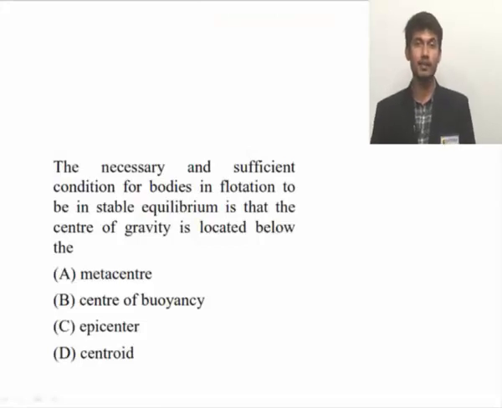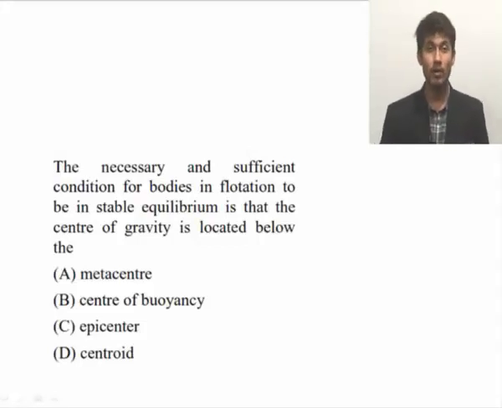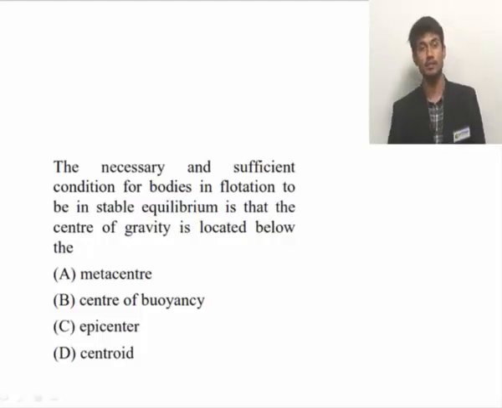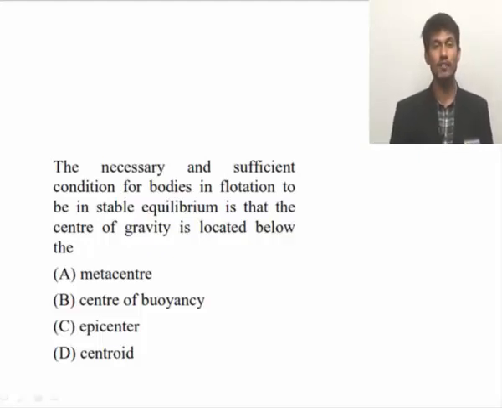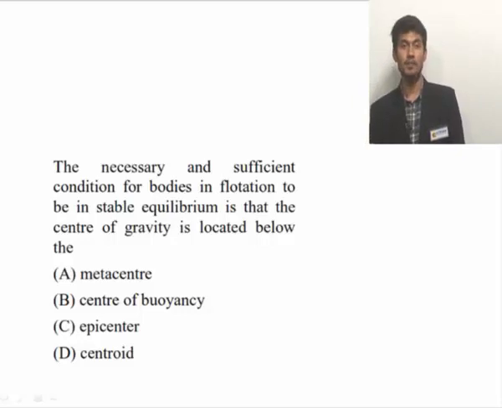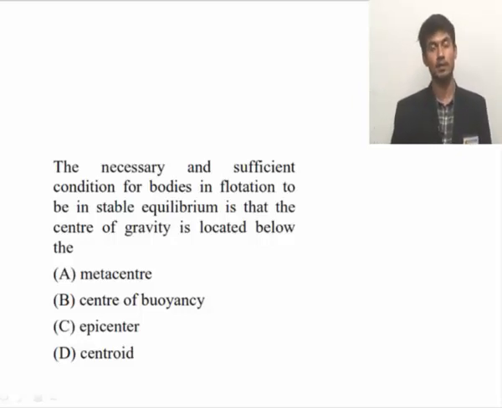The necessary and sufficient condition for bodies in flotation to be in stable equilibrium is that the center of gravity is located below: A, metacenter; B, center of buoyancy; C, epicenter; and D, centroid.